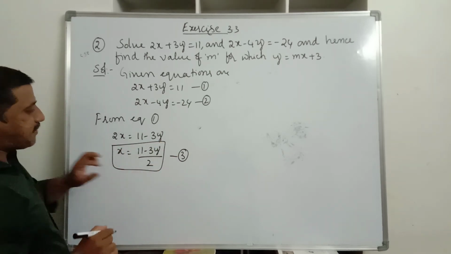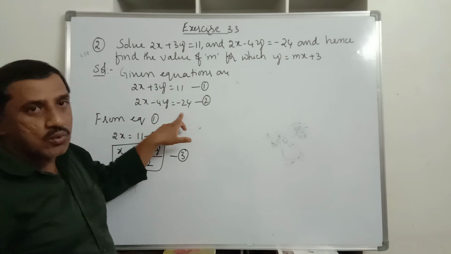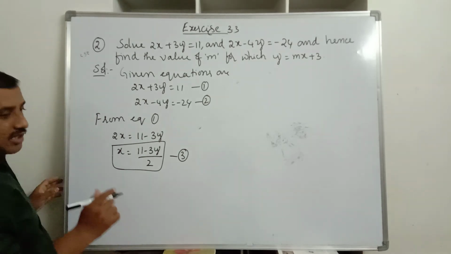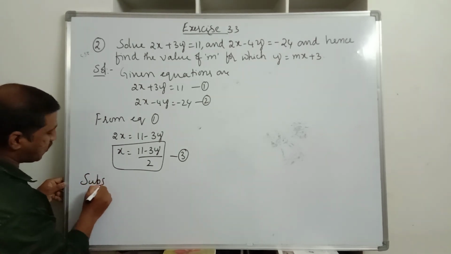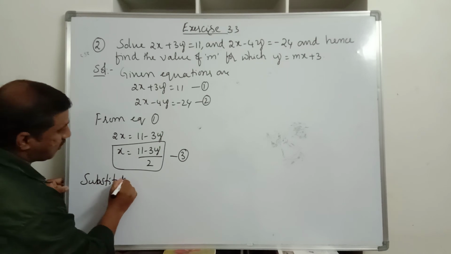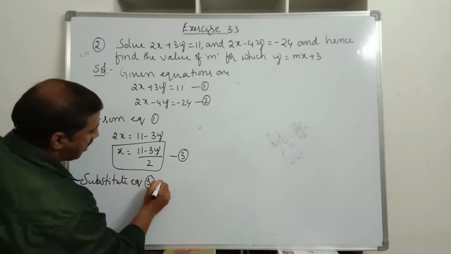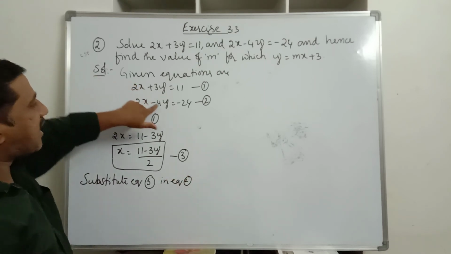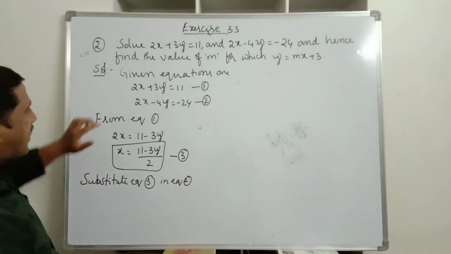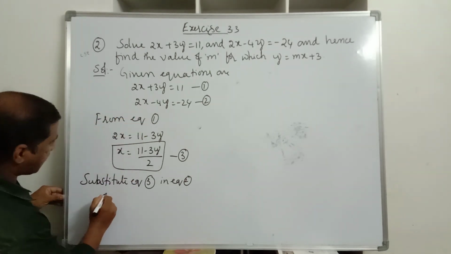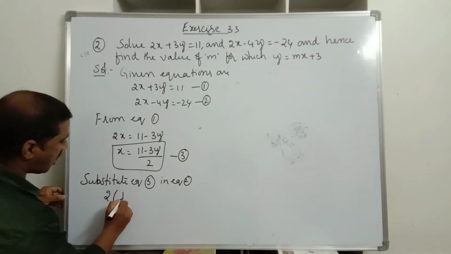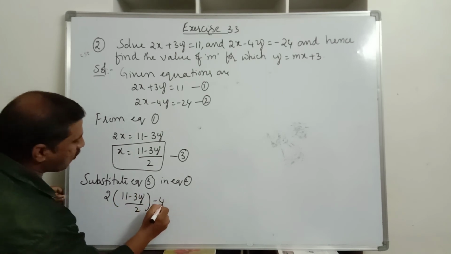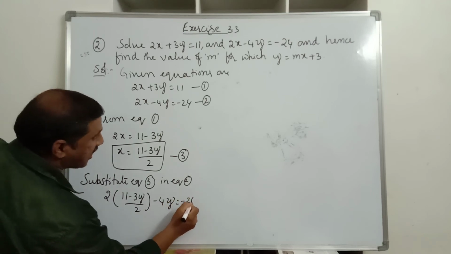Now what to do? Substitute equation 3 in equation 2, because equation 3 is obtained from equation 1. What is equation 2? It is 2x minus 4y is equal to minus 24. So here 2x means 2 into x, that is 2 into 11 minus 3y by 2, minus 4y is equal to minus 24.